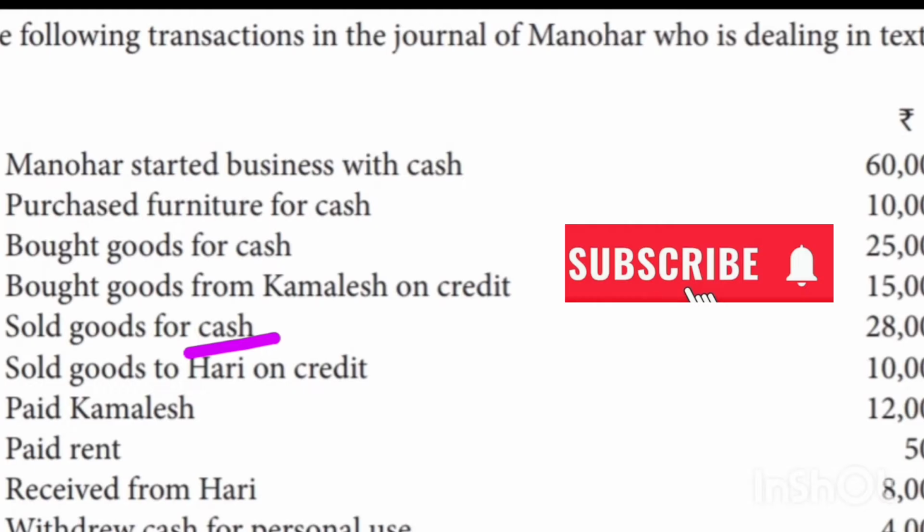Let me discuss one by one. First we take sales account. Sales comes under revenue. Sales means revenue. If you generate sales in your business, what happens? Revenue will come to your business. Revenue will be increasing.